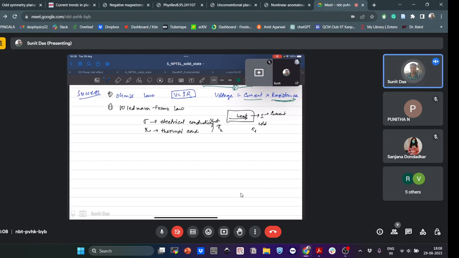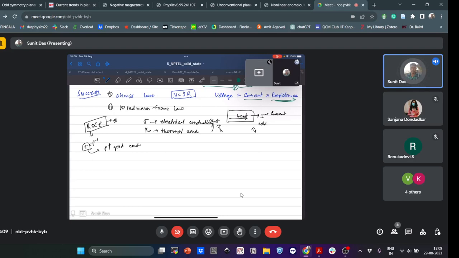Conductivity is nothing but the inverse of resistivity, let's say. Resistance is related to, let's say proportional to, resistivity, which measures how bad the metals are in terms of electrical conduction, and the inverse of this resistivity rho is the conductivity sigma. So if conductivity is high, then this is a good conductor, right?